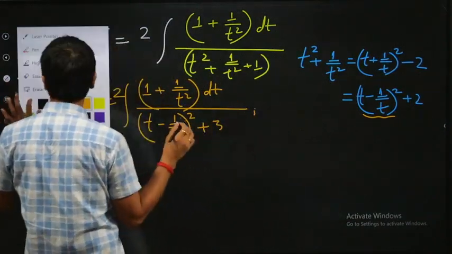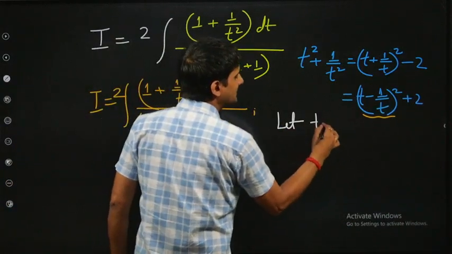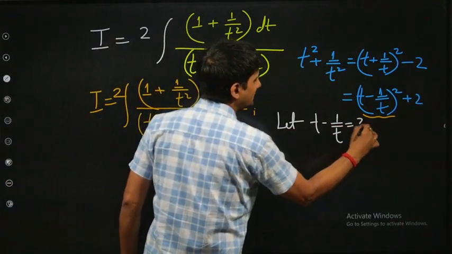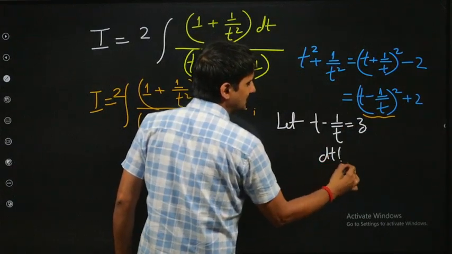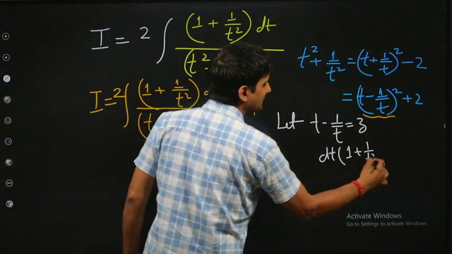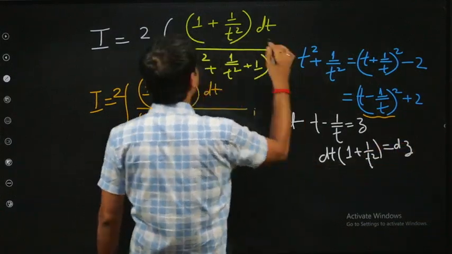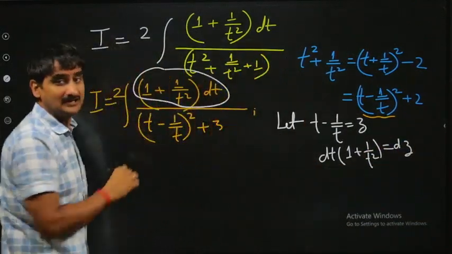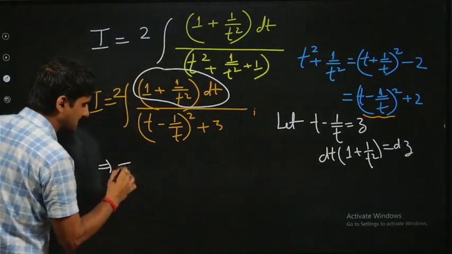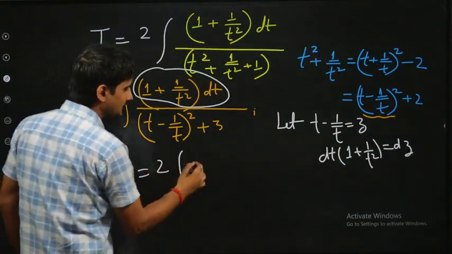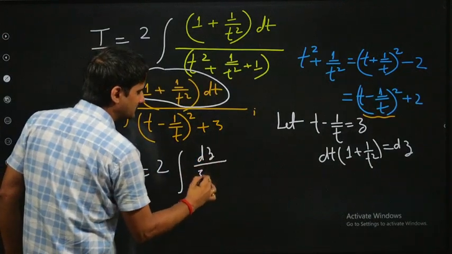Now let us replace t minus 1 by t by z. Its derivative is 1 plus 1 by t square dt, I wrote it earlier, I shouldn't have, but okay, it is dz. So I will be replacing this entire term by dz. Hence we got the standard form 2 dz upon z square plus 3.